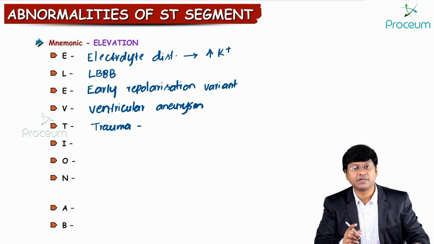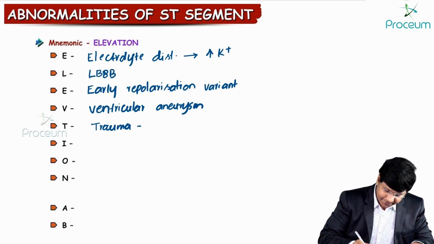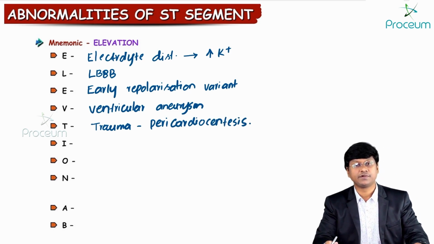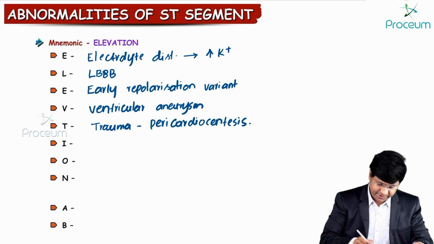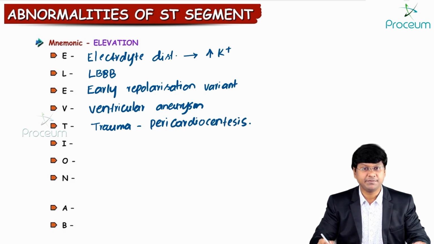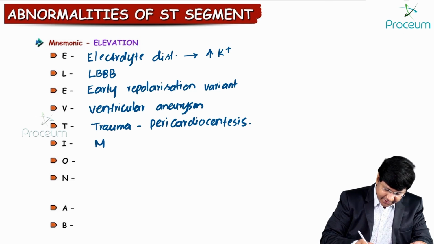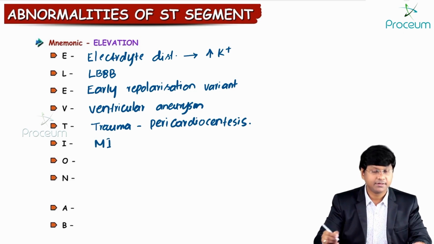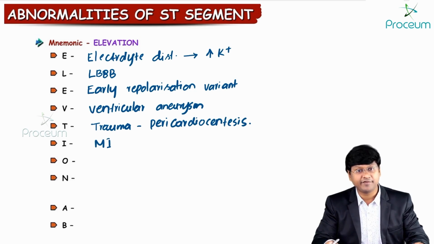Like in a patient with cardiac tamponade, you have done pericardiocentesis. This pericardiocentesis is a life-saving procedure in a case of cardiac tamponade. Next, the word I is ischemia, that is myocardial ischemia, or that is nothing but your ischemic injury, myocardial infarction.